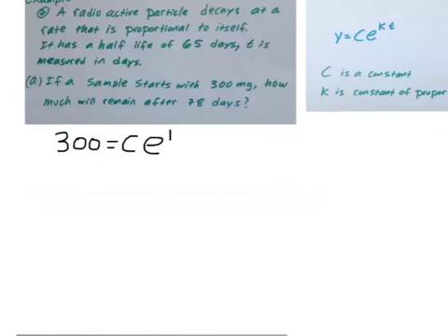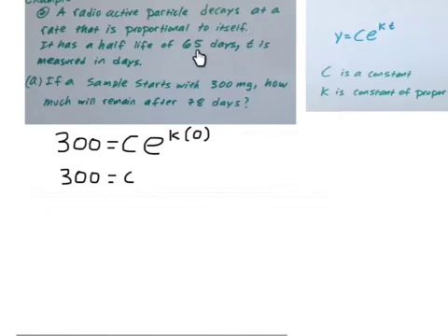I don't know what the k is, but for the initial amount we're going to assume t is equal to 0. Since t is equal to 0, this all just becomes 1. So my C value is equal to 300. Now, that's going to be one of the unknown constants I have to solve for. The other one I have to solve is the k, the constant of proportionality.